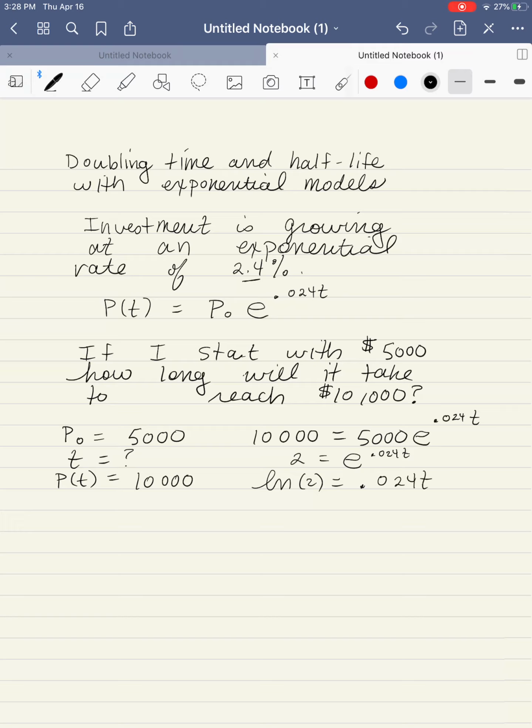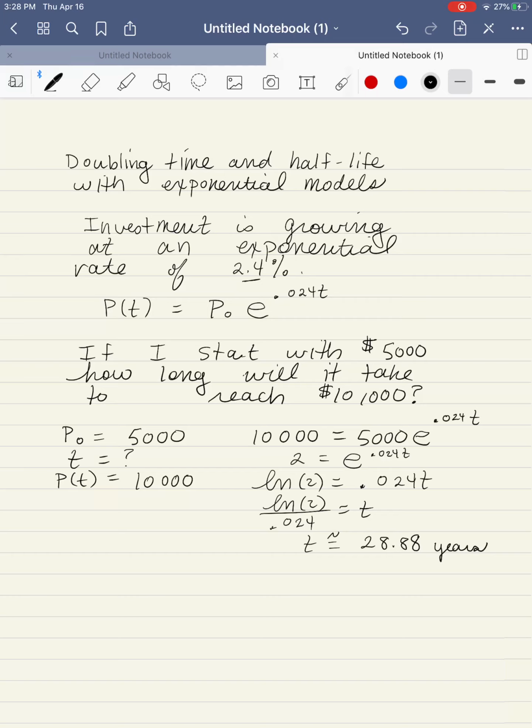Take the natural logarithm on both sides. And divide by the rate. And we plug that in on our calculator, and we see that we get natural logarithm of 2, close parenthesis, divided by 0.024, and we get 28.88.